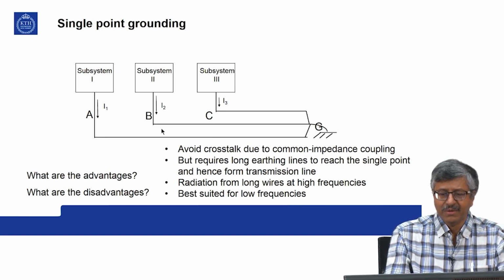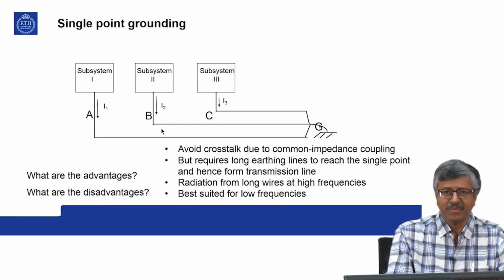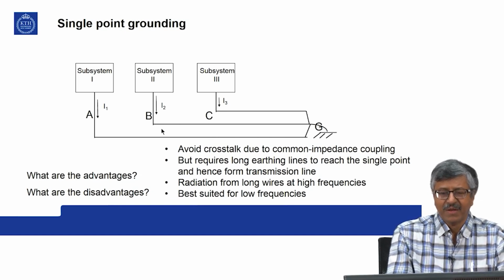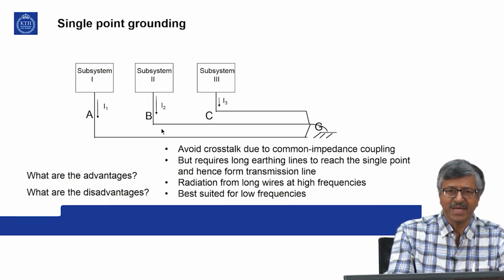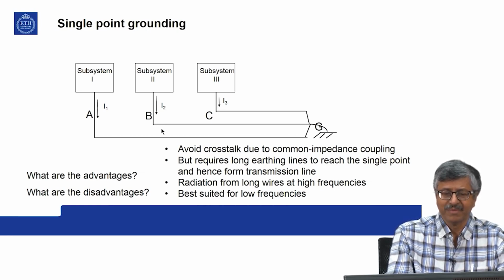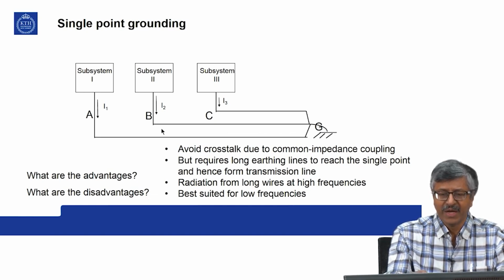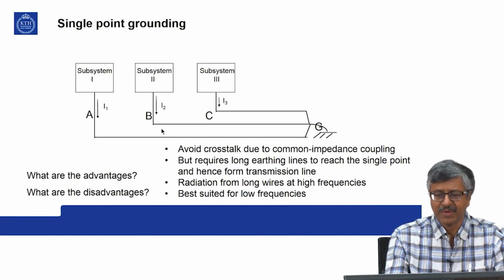And you have seen in chapter 1, while discussing transmission lines, under certain conditions and certain frequencies, they can oscillate between high impedance and low impedance. The impedance of the transmission line is not constant. It can vary between high and low, and that can create a lot of problems.